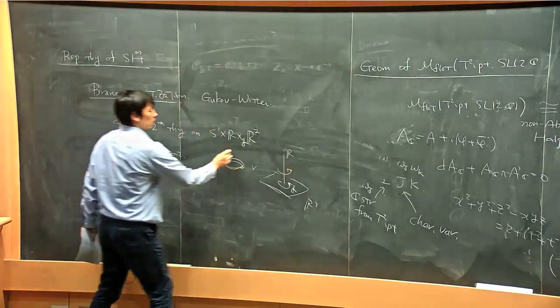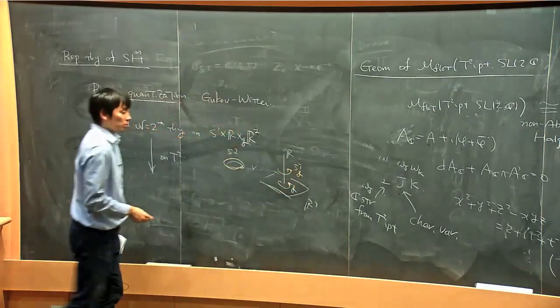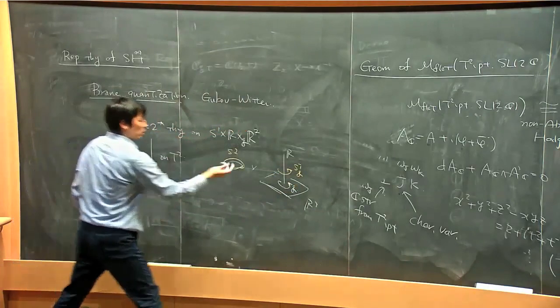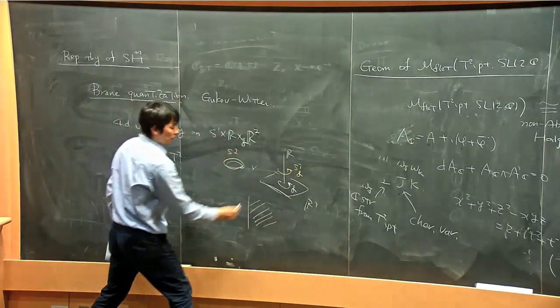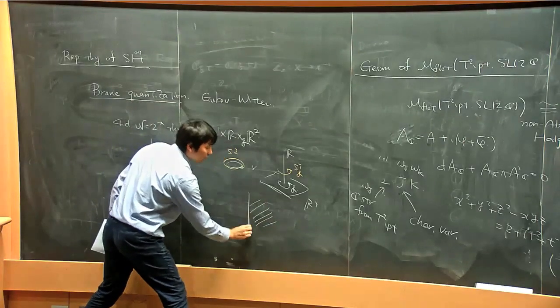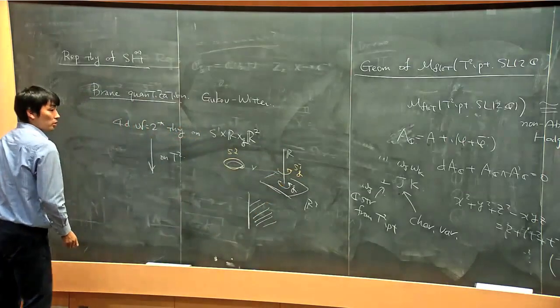So this S1, I call it S1Q. So this will form T2. Then if you compactify it, you just get the strip, and the boundary is indeed the axis of omega deformation.